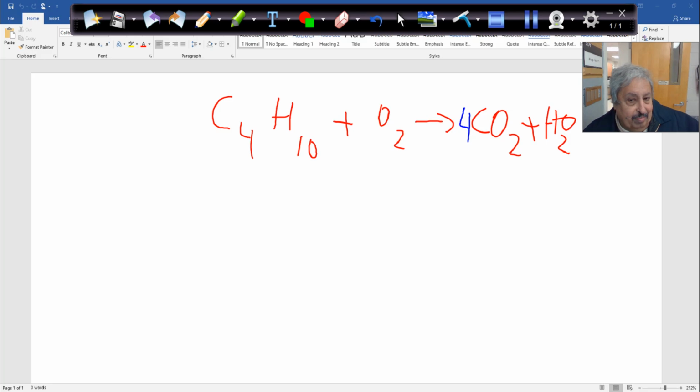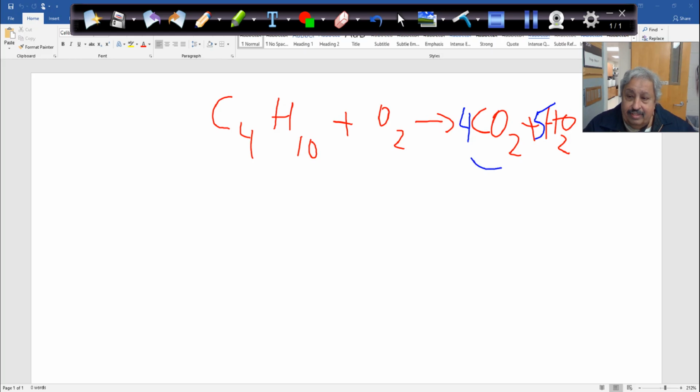So carbon is balanced. How about the hydrogen? I have 10 on the left, I have 2 here, so I put 5 here, correct? So hydrogen is balanced. How about oxygen?